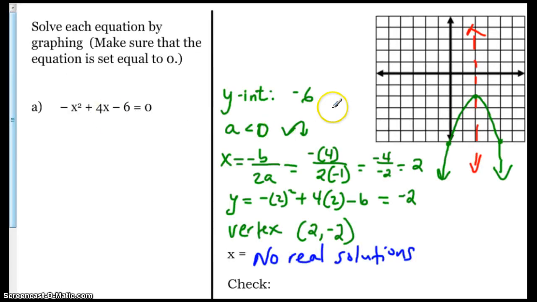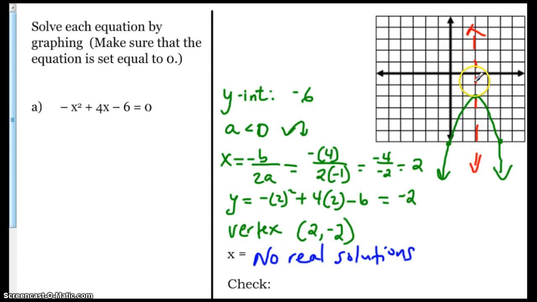Okay, for A, you should have found your y-intercept is -6. You knew your a is -1, so the graph is going down. When you substitute into the axis of symmetry equation, you should get the axis of symmetry equals 2. So your graph has that axis of symmetry.